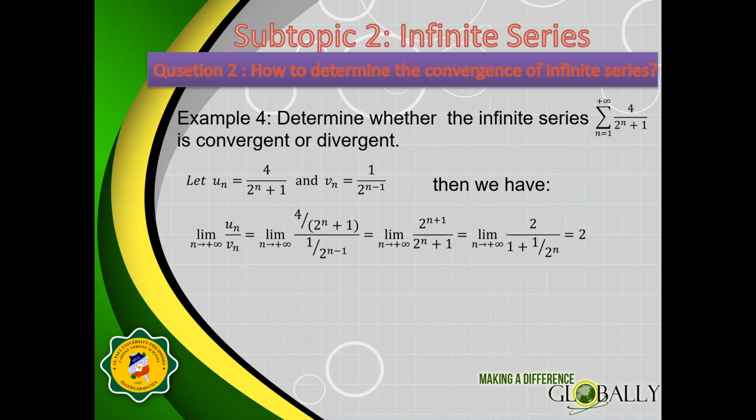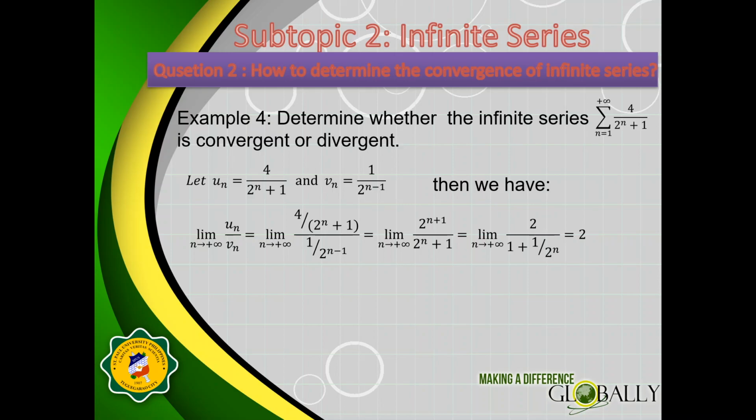For example, here's example 4. Determine whether the infinite series like this is convergent or divergent. We can use another infinite series to help us to determine this series, right? So we use V sub n.